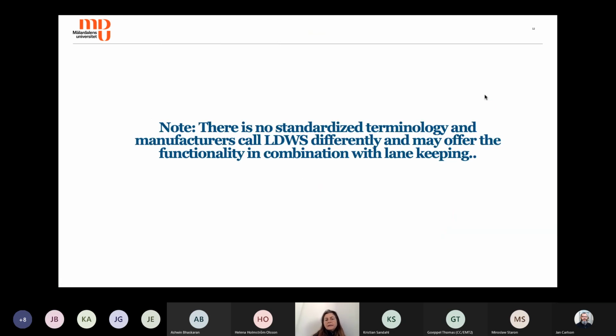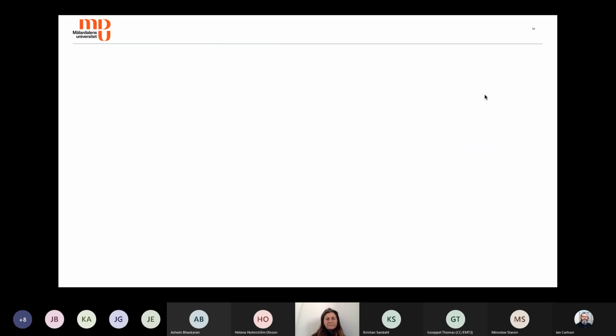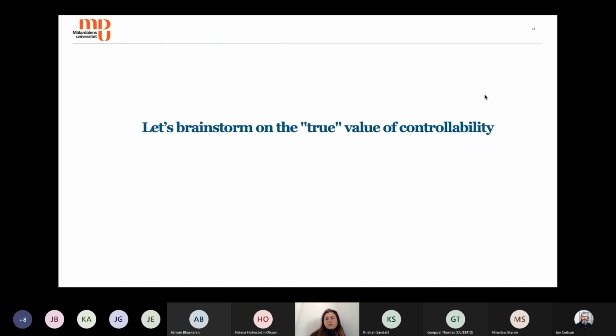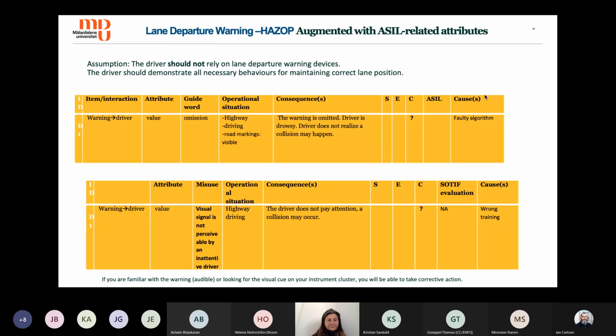Now, it's important to highlight that there is no standardized terminology, and manufacturers call the lane departure warning system differently and may offer functionality in combination with, for example, lane keeping. So let's brainstorm with this true value of controllability.